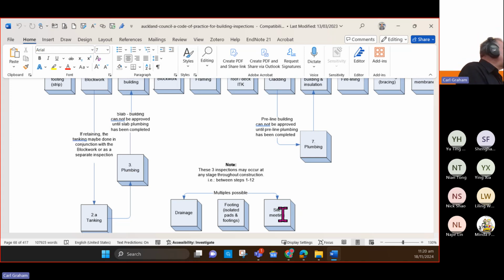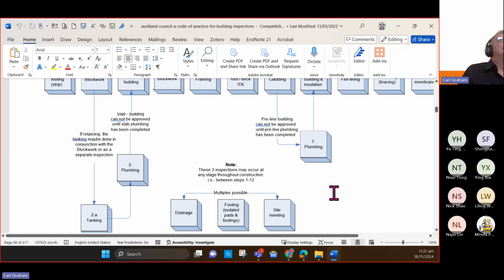So your consent $7,000 or $8,000 sits in a bank account in control of the finance team. The building consents team need to pay wages, so the money gets transferred out and pays my wages. I don't know exactly how it works, but I do know there was no advantage to the client in me doing 3 inspections at once, other than it helps with the speed of the build. So that was a little bit of a revelation to me.